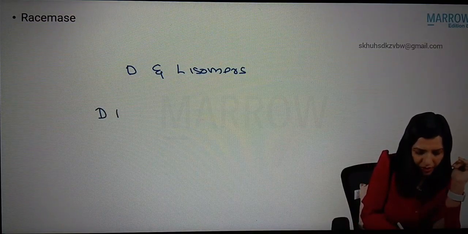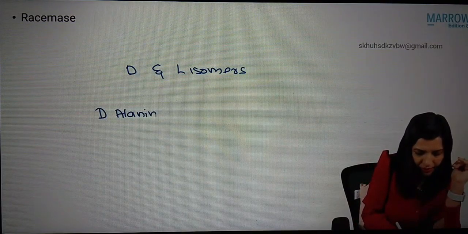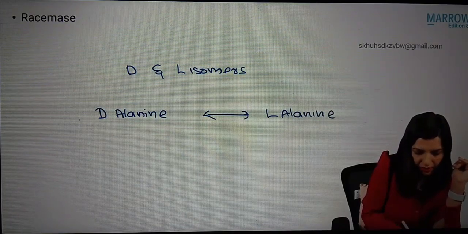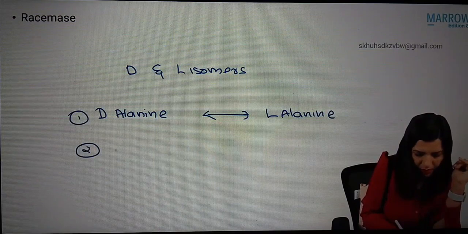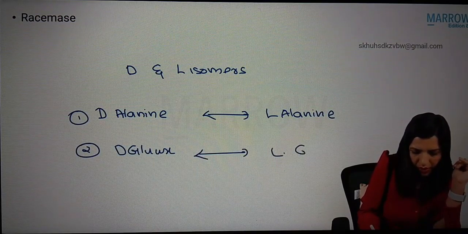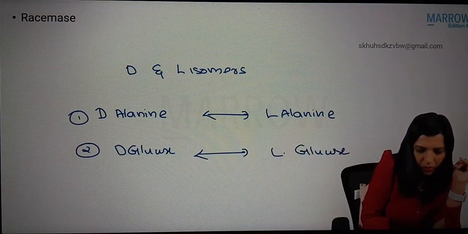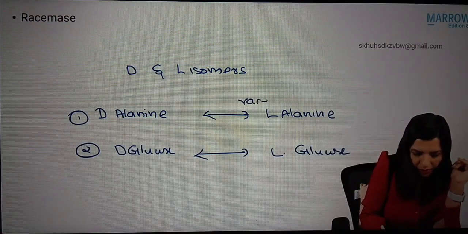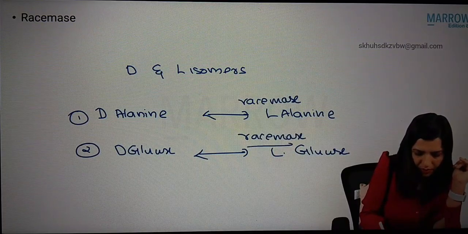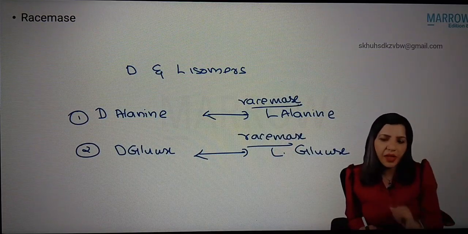For example, D-alanine is converted to L-alanine, D-glucose is converted to L-glucose. So they are given the name racemase. Okay, so this comes under isomerase.